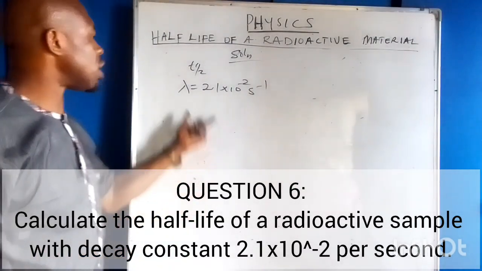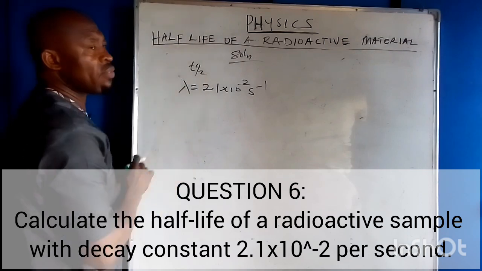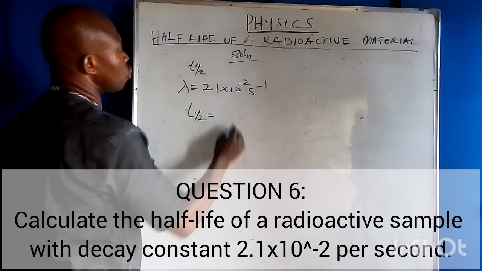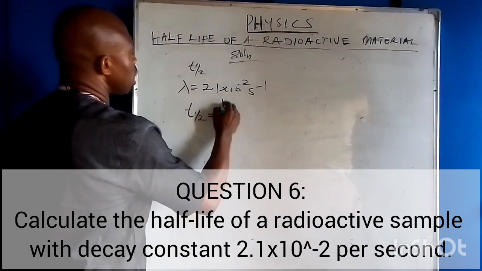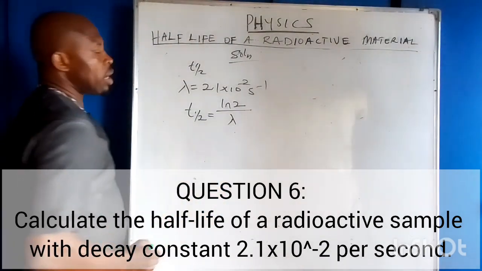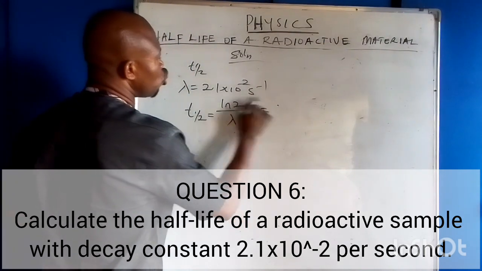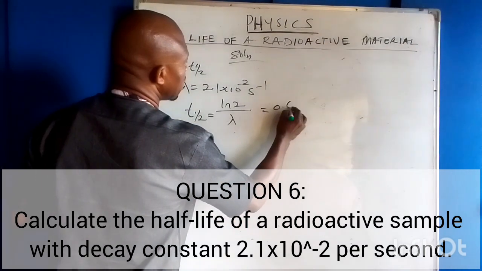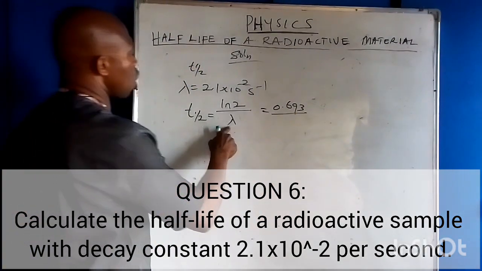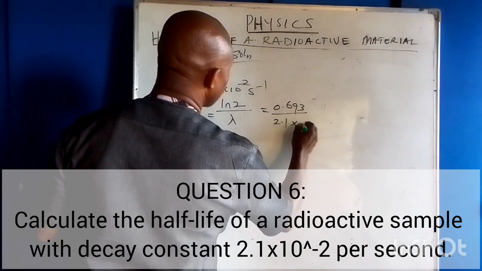So if this is the decay constant, remember the relationship between half-life and the decay constant. We say that half-life is equal to the natural logarithm of 2 all over lambda. Natural logarithm of 2 is 0.693 all over the decay constant, which is 2.1 times 10 to the power minus 2.